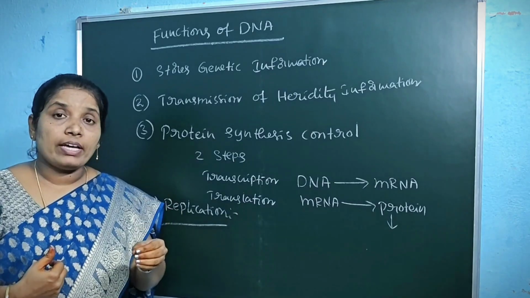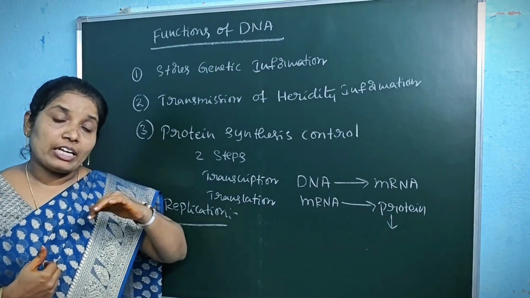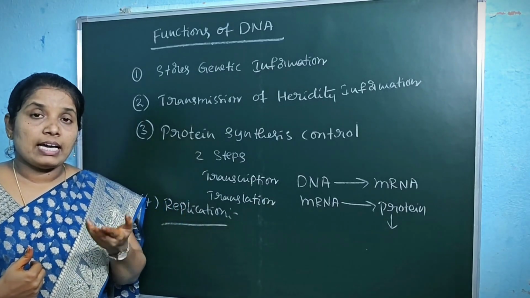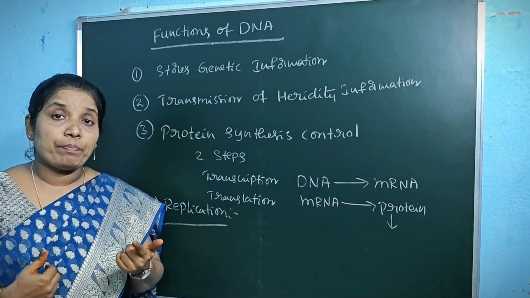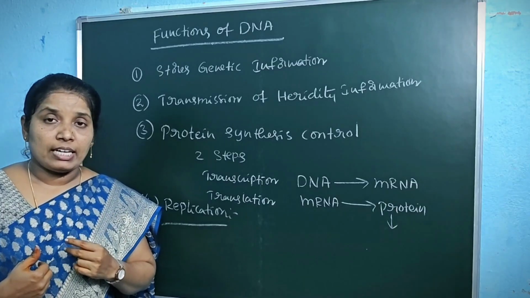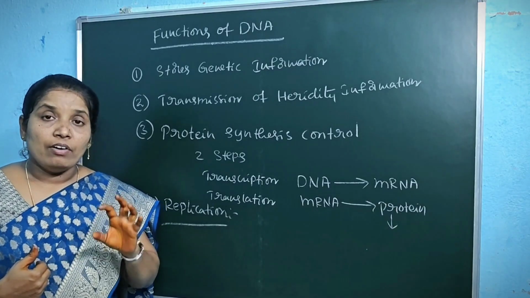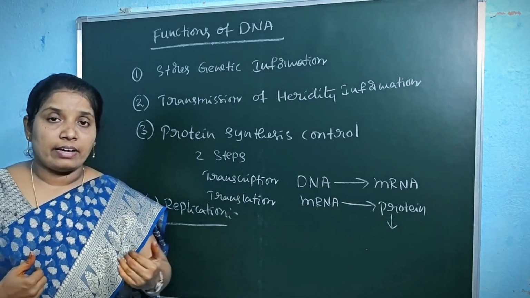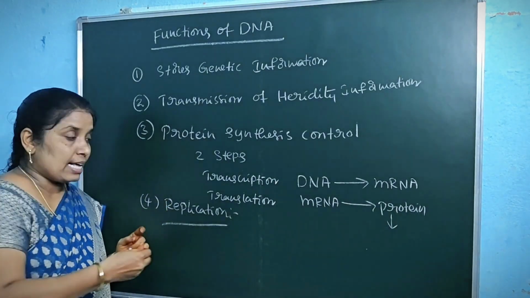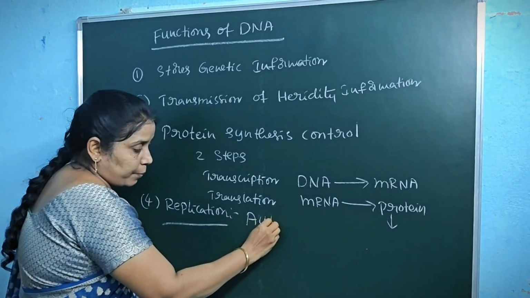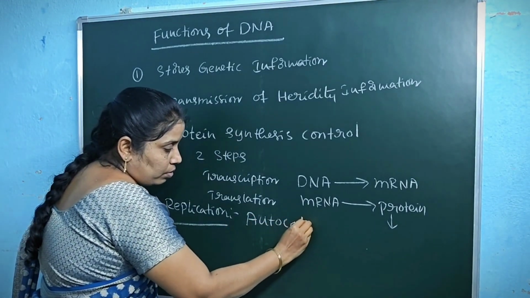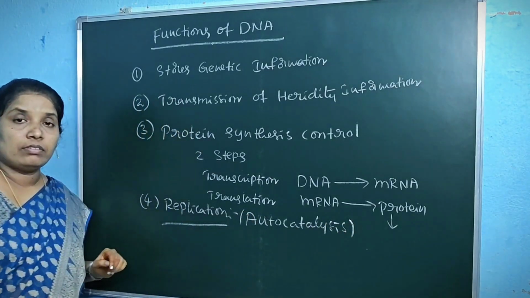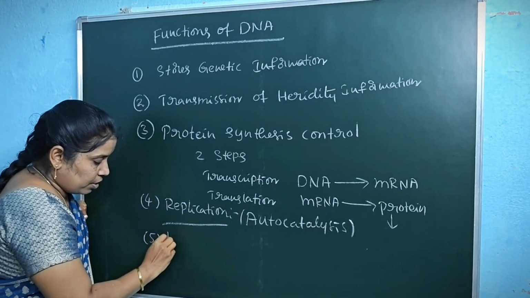So it should undergo self-reproduction during the S phase, nothing but the synthesis phase. There one DNA molecule can reproduce into two molecules of DNA. The parental cell will share these two strands of DNA with two daughter cells equally. This process is called autocatalysis.